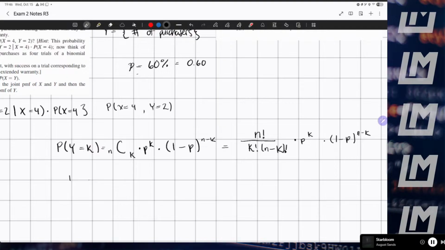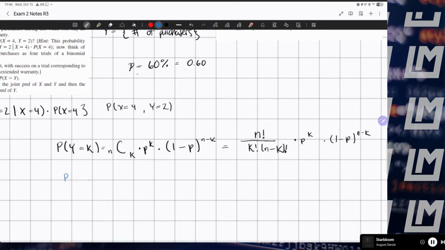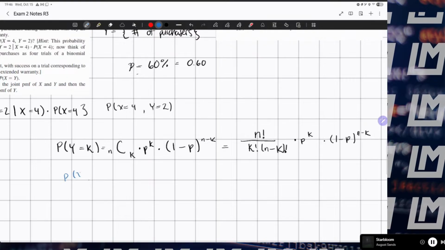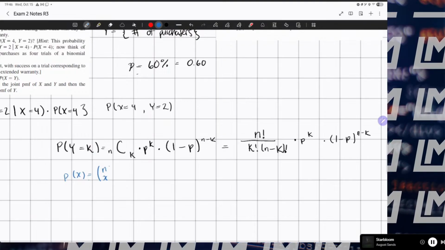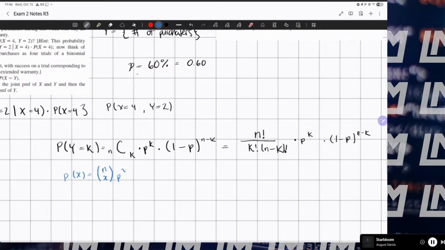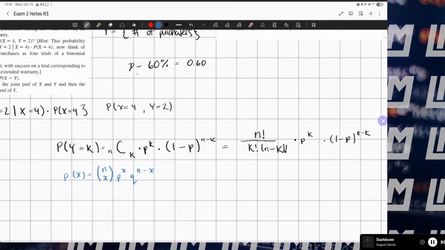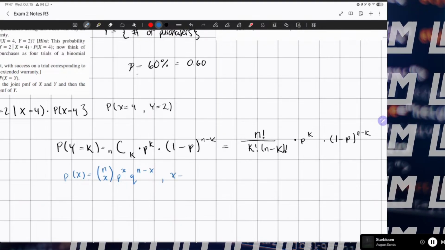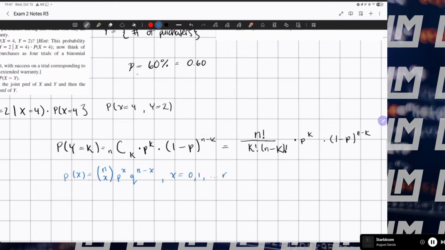P of x is identified. I'm going to write it in a different color so we can see the difference. The formula is P of x is equal to the combination, okay, that makes sense, that's how the combination is denoted, times p to the power of x times q to the power of n minus x, where x is a given set, 1, 2, and so on to n.